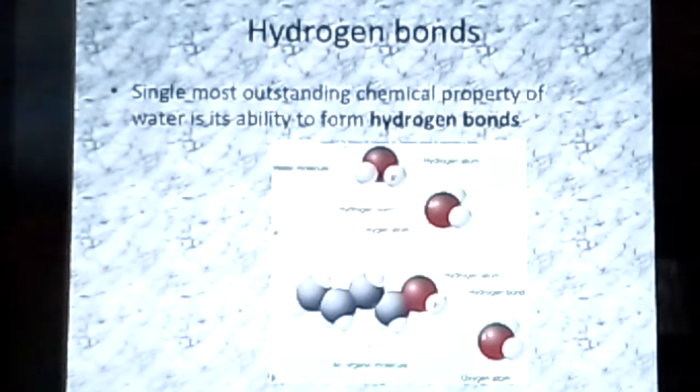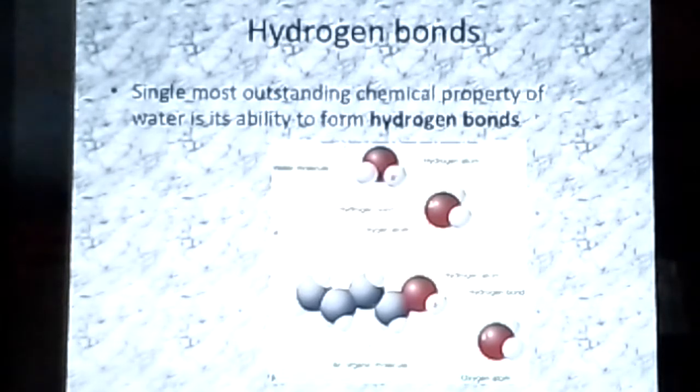The other thing that's most important about water is its ability to form hydrogen bonds. A hydrogen bond is an attraction between a hydrogen atom of one molecule and a negative atom in another molecule. If we're looking at water, we're looking at the hydrogen of one, the oxygen of another. That's what makes water stick together. That's what makes water be able to flow.